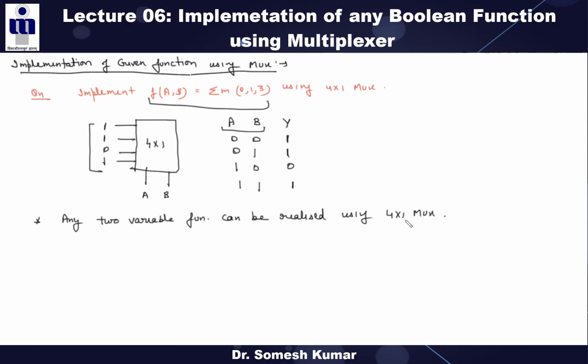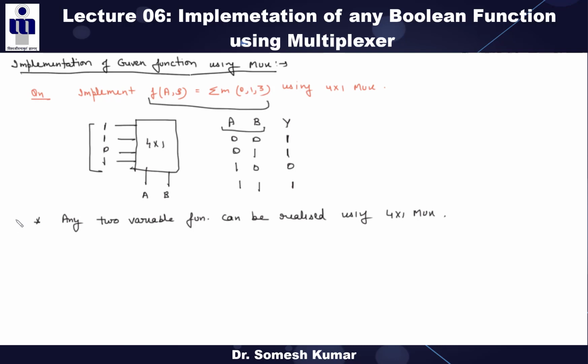Yes. You can implement any two variable function, but if there are 3 variables, then it becomes a problem. Now I am going to tell you how to implement those things. Before that, I want to take one more example, and from that example also we will make one conclusion.